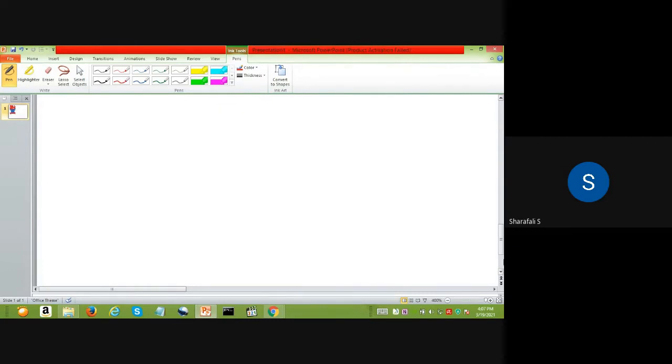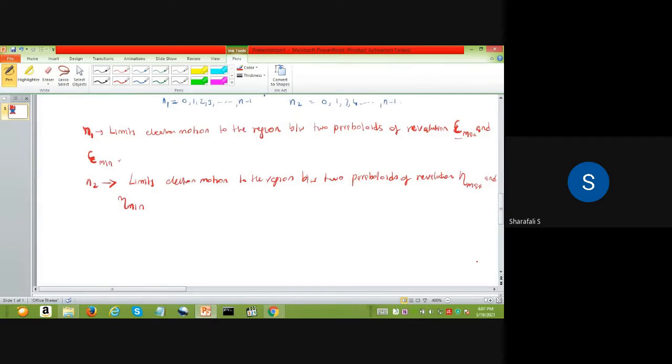So the coordinate of epsilon is given by n1, and that of eta is given by n2.